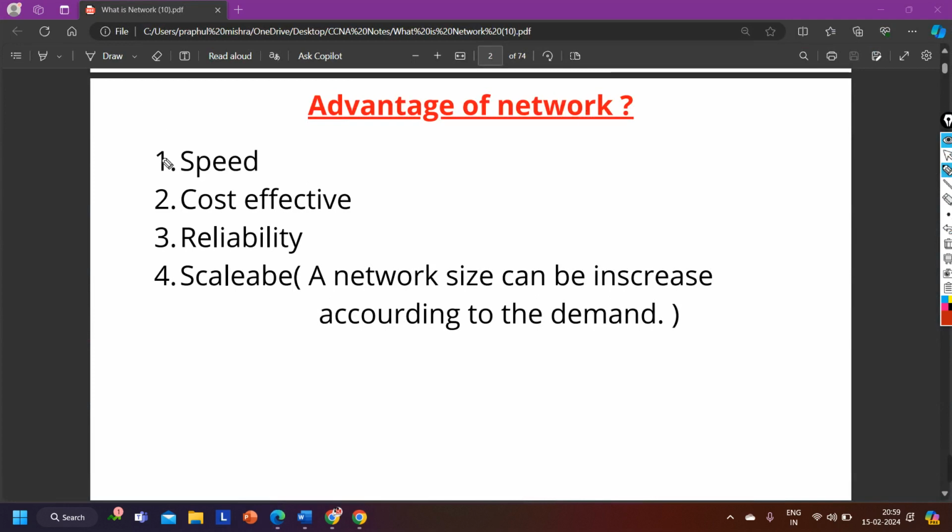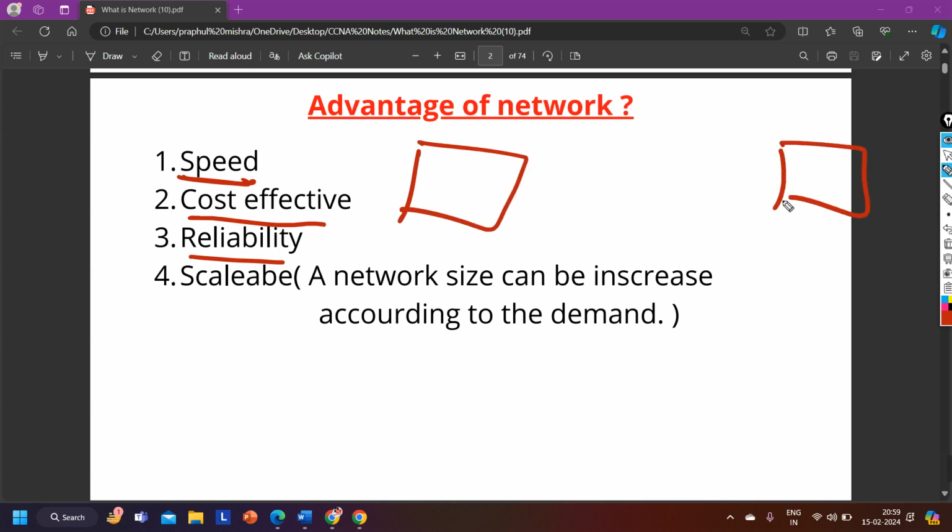So what can we say? The advantages: speed is the first advantage, second is cost effective, third is reliable. Reliable means what? If I am sending you something on WhatsApp, then after the message is received by you, I will get a double tick here.